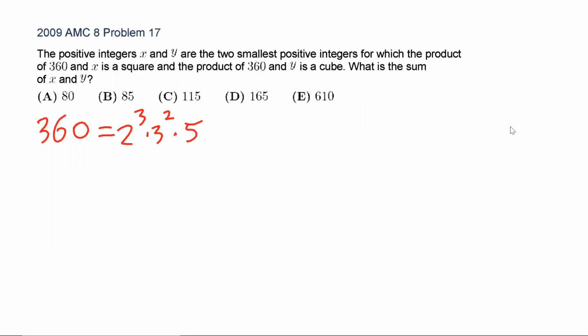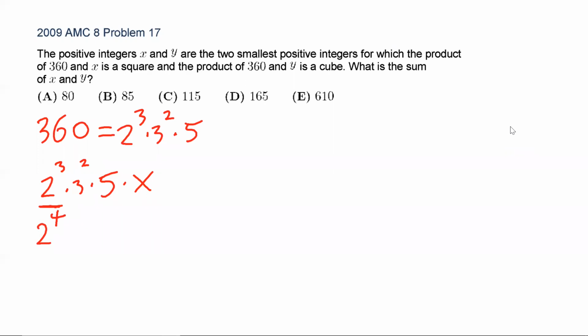So we're told that 2 cubed times 3 squared times 5 times x is a square. Well, what does this mean? For our 2 term here, 2 to the 4th would be the next power of 2 that can give a perfect square.